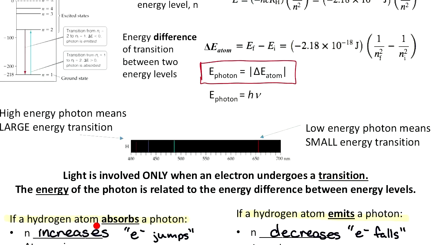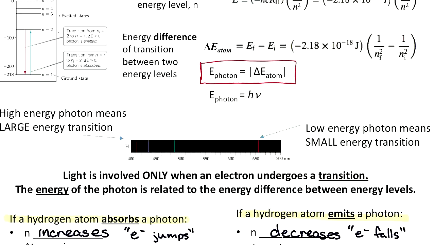If your hydrogen atom absorbs a photon, n increases, your electron jumps up higher. Or you can think, okay, the atom gains energy. Or you can think this is an endothermic process, that delta E of your atom is positive, it's gaining energy. All of these things kind of mean the same thing, but what happens in the end is your electron jumps up, right?